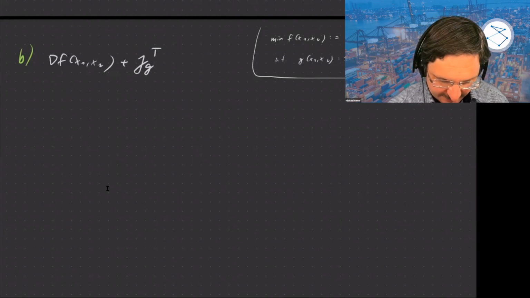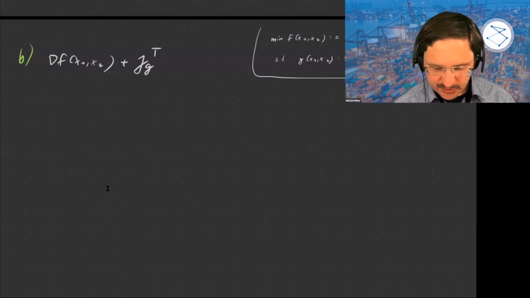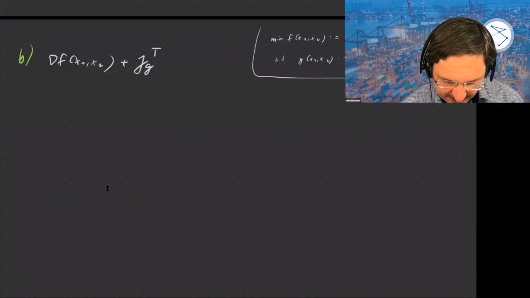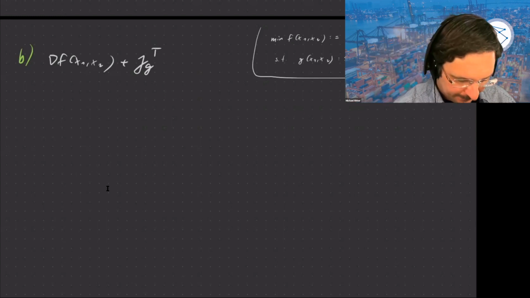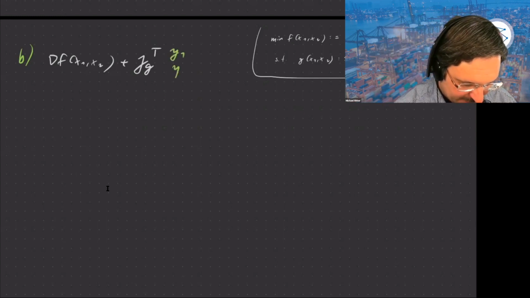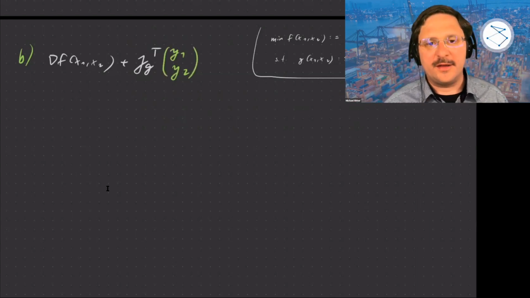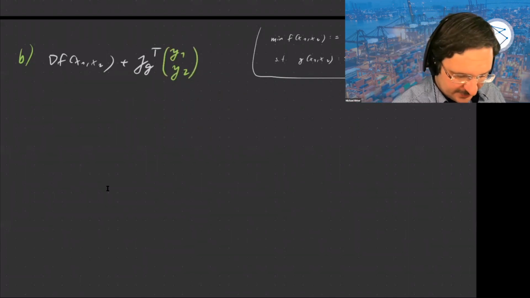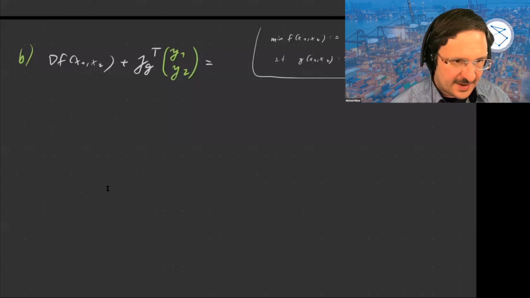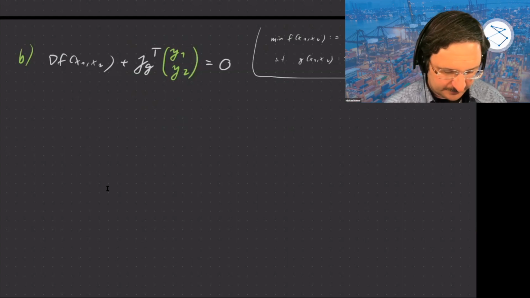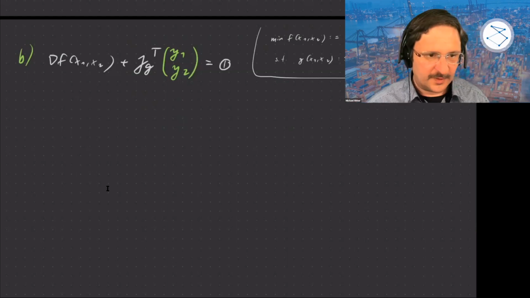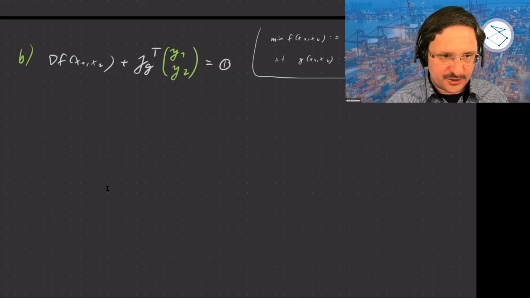So let's say the one associated to the first constraint will be called y1, and the one associated to the second constraint, we call that y2. So we multiply the transposed Jacobian with that vector of multipliers, and that needs to be the 0 vector. Okay, so that's the first condition.